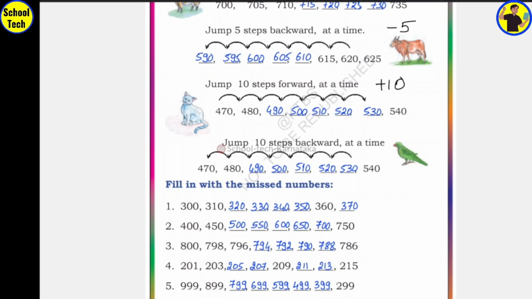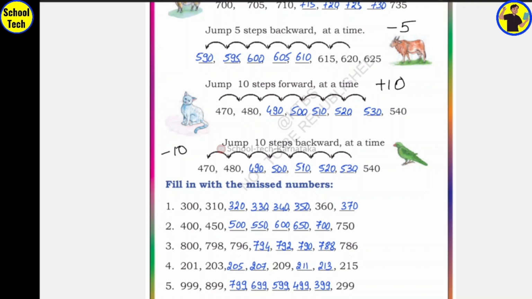Now to jump 10 steps backward at a time. Any guesses how we can jump 10 steps backward at a time? We subtract 10 from the given number.